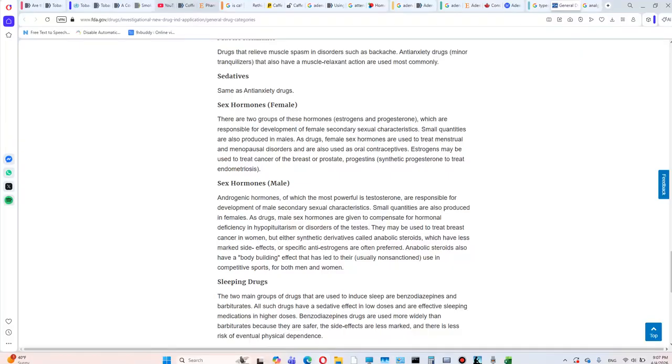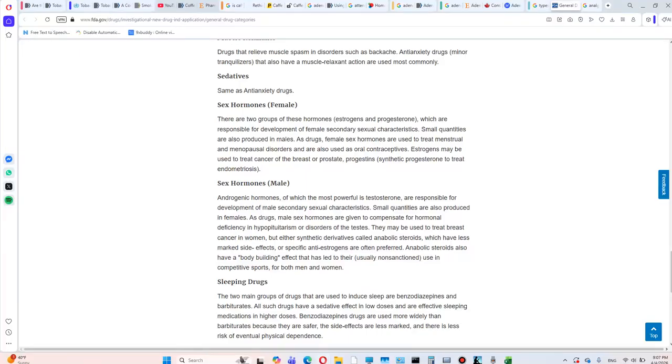Sex hormones (male). Androgenic hormones, of which the most powerful is testosterone, are responsible for development of male secondary sexual characteristics. Small quantities are also produced in females. As drugs, male sex hormones are given to compensate for hormonal deficiency in hypopituitarism or disorders of the testes.